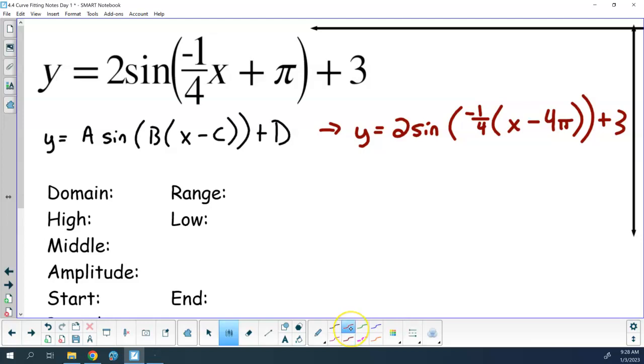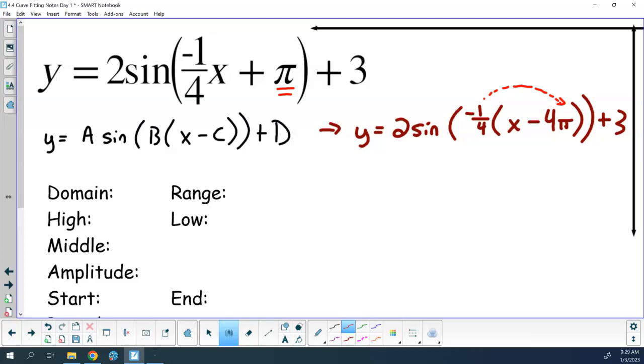Because in my brain, when I do this multiplication, I've got to get pi back. So negative 1/4 times 4 pi gets me the pi.